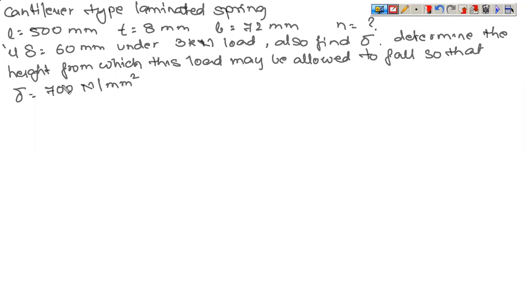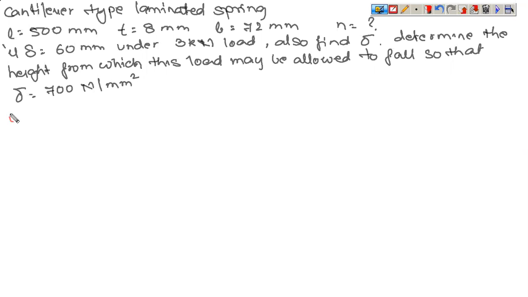Okay, so this is the entire problem. This problem is of two stages. One is we need to find out N and sigma. Next, you need to find out the height from which a load may be allowed to fall so that the stresses is equal to 700 Newton per mm square.